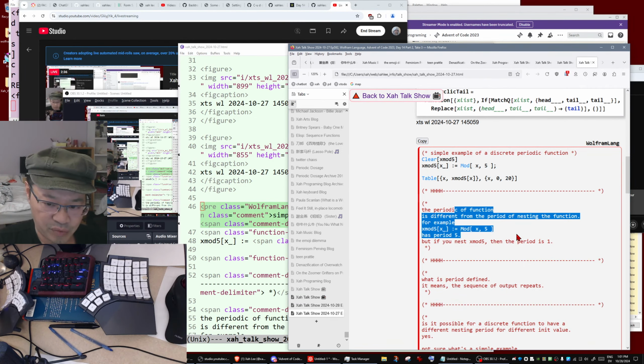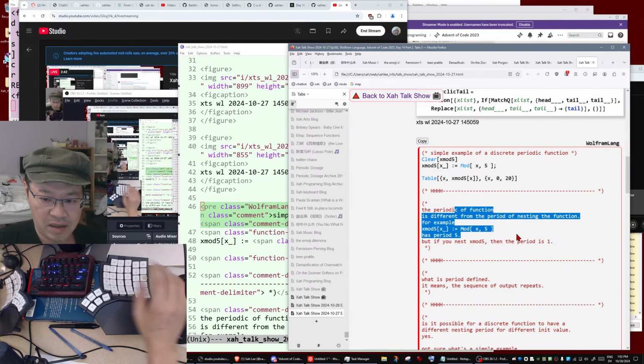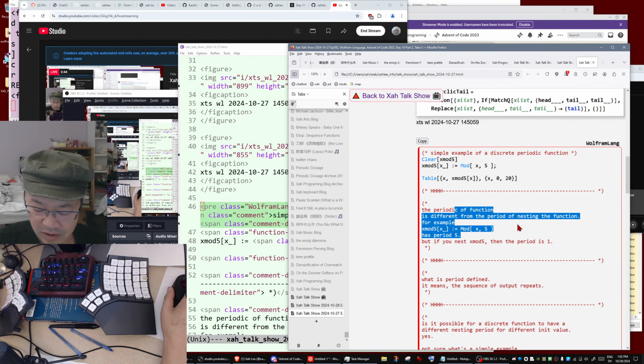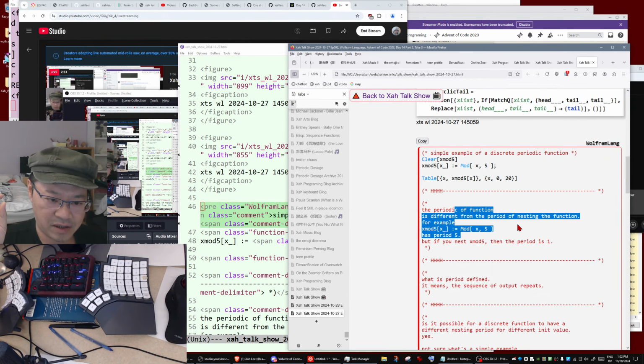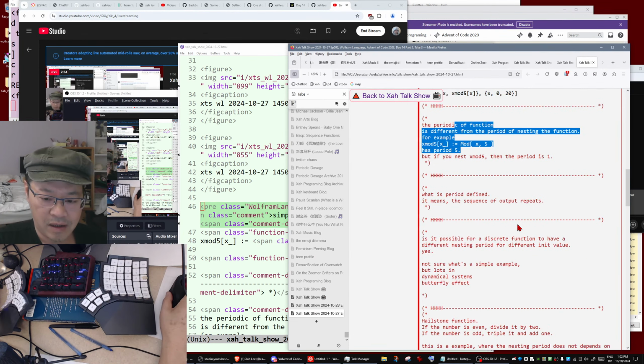Give it a value 2, it returns another value. And after five inputs, it repeats. So the cycle is 0, 1, 2, 3, 4, 0, 1, 2, 3, 4, if you give it a consecutive sequence of integers as input. That's the periodicity of a function by definition.